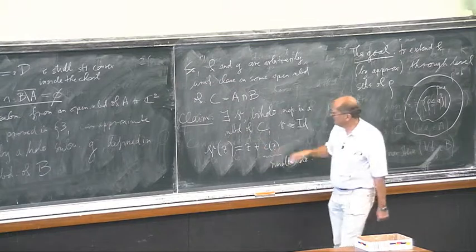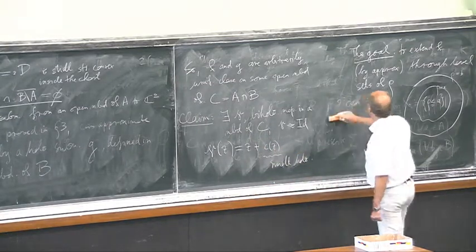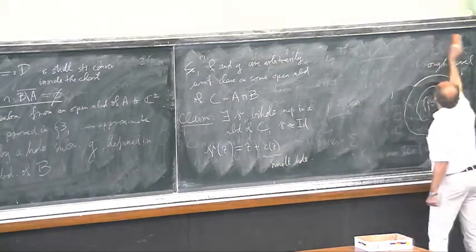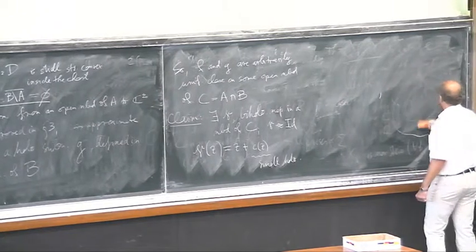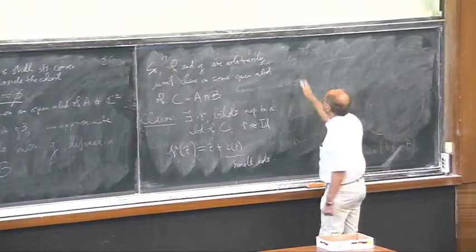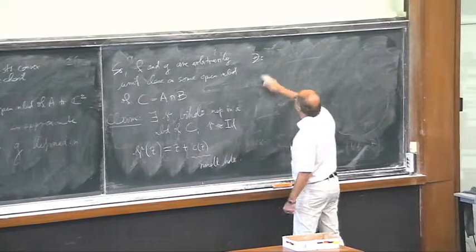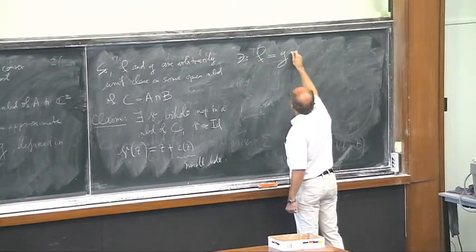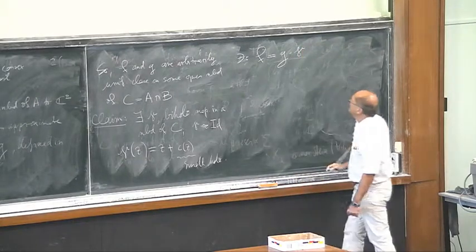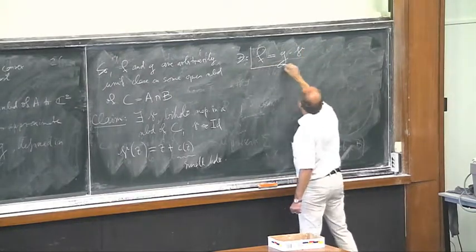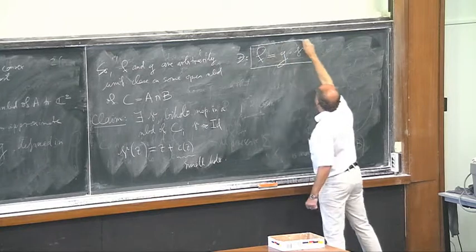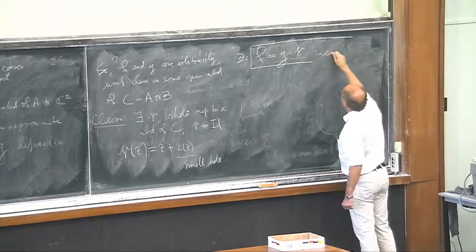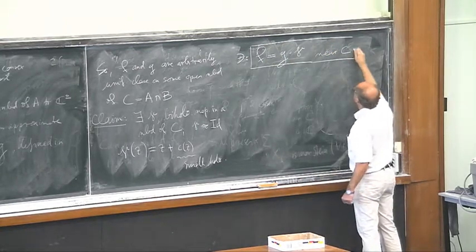So it's just a small perturbation of identity, such that F is equal to G composed with this gamma, such that this equation holds near C. When I say near C, I mean in some neighborhood.